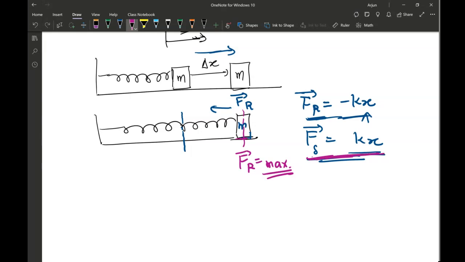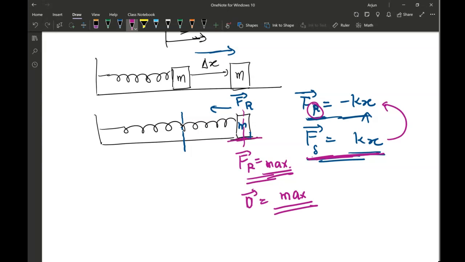And this will be equal to this. The only difference is it is a restoring force in the opposite direction. Now restoring force is maximum, so acceleration value will be maximum also, but in the opposite direction.